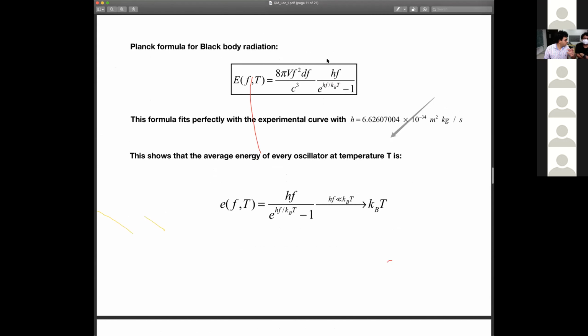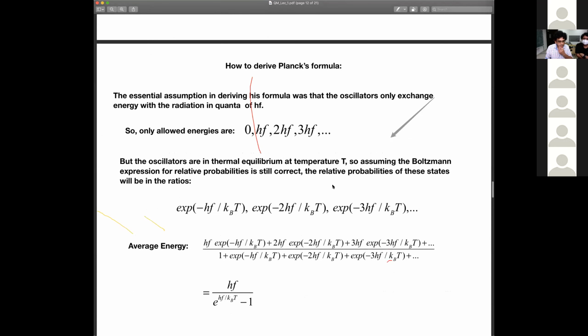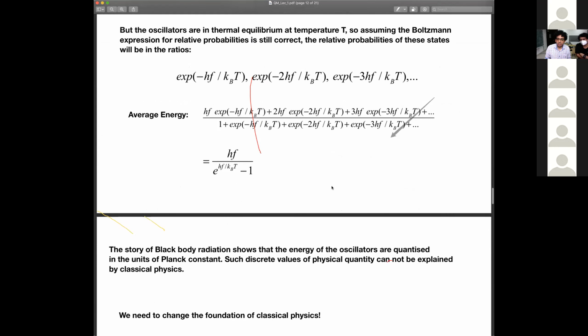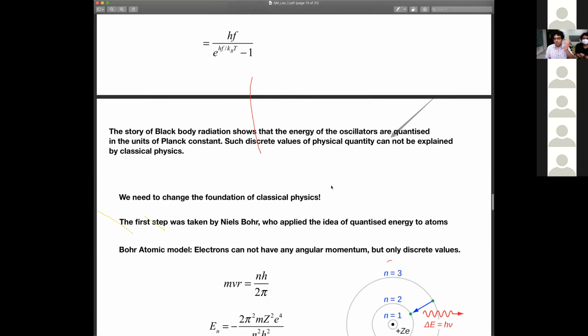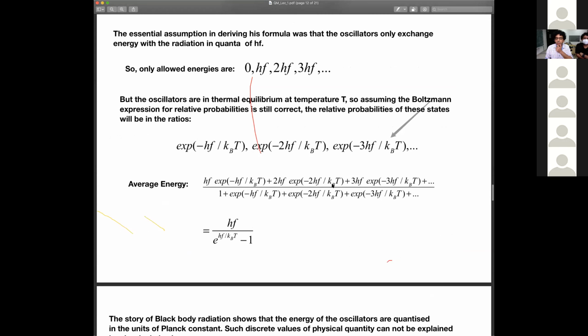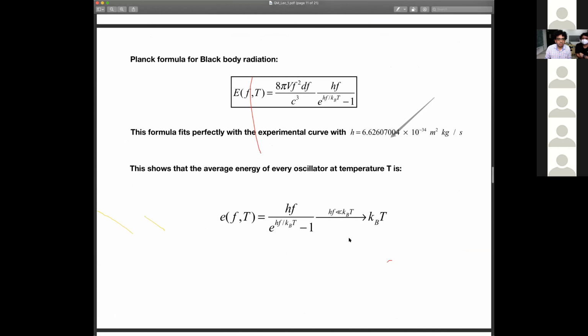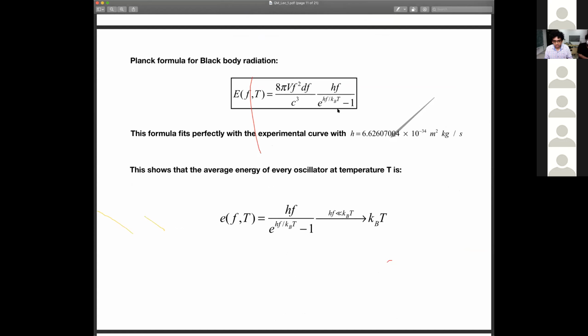We will go through this in more detail during the Monday tutorial session that Vinod is going to conduct for you guys. So this is actually an interesting formula. Basically replacing this classical picture, where any amount of radiation exchange is okay, with only certain amounts of radiation exchange being okay, explains this whole graph. When kT is very, very large, this gives you the classical picture.